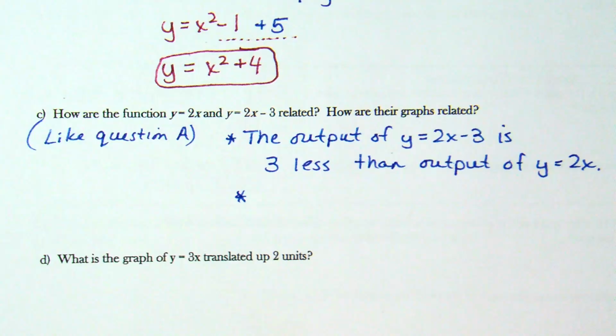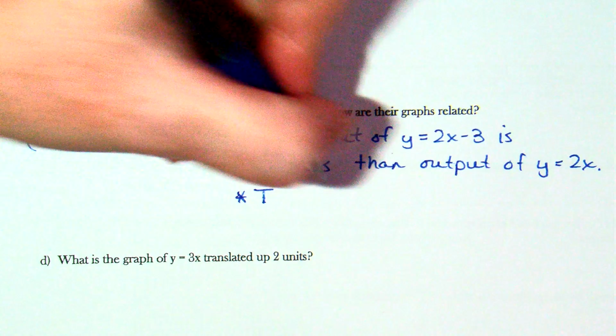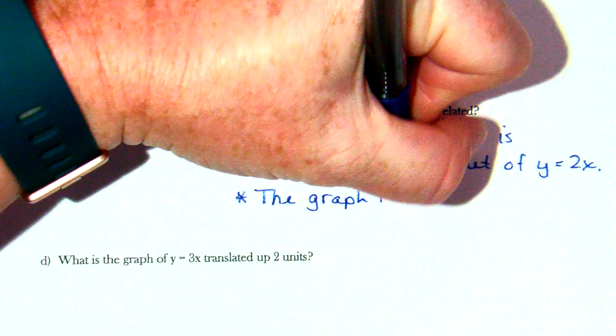And then, when you're ready to think about it, how are their graphs related? If each output is 3 less, what's that do to the graph? Moves it down 3. Okay, we're still going to have parallel lines, aren't we? So, I'm going to say the graph is, now, I said moved down 3. What's my better algebra word than moved? Translated, thank you. So the graph is translated down 3 units.